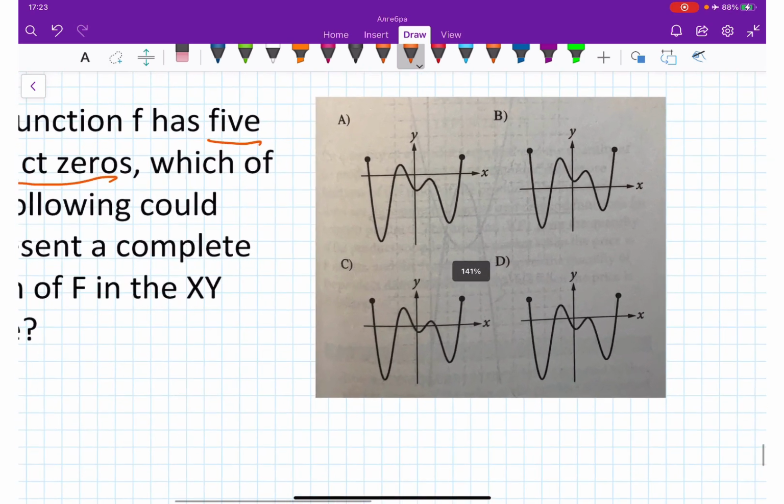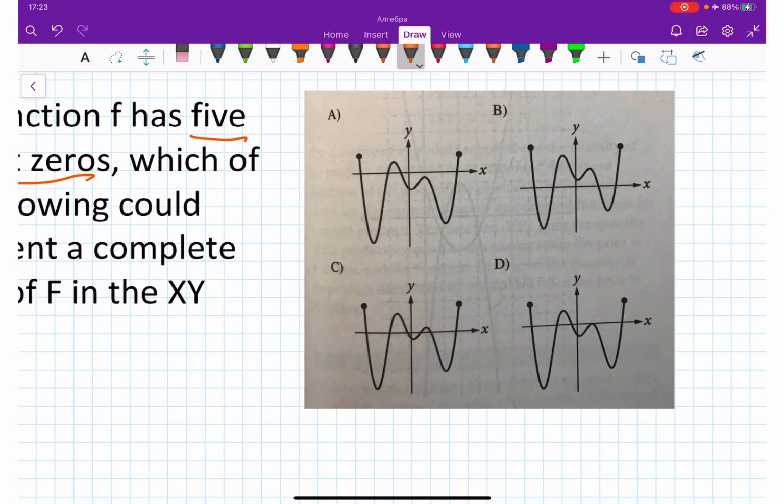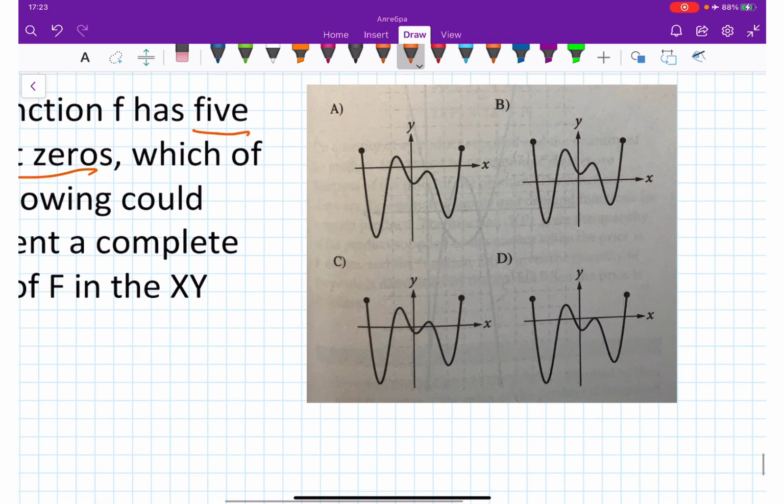Let's see how many zeros we have here. 1, 2, 3, 4. We need 5. So 1, 2, 3, 4, 5, 6. 1, 2, 3, 4. Bingo. So it's going to be D, 5 intercepts.